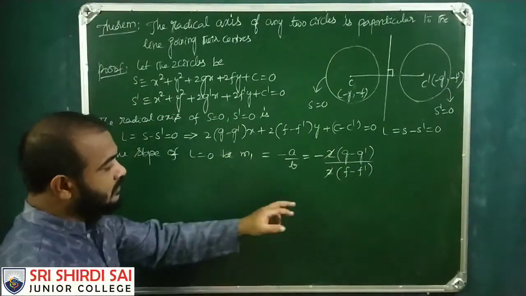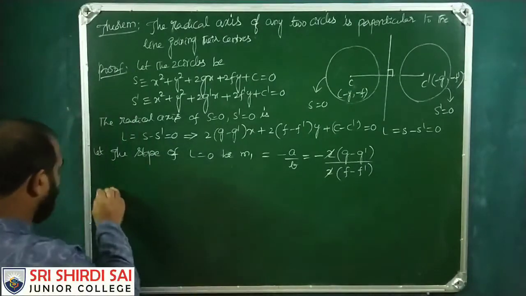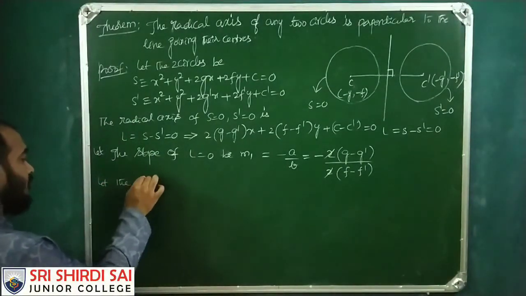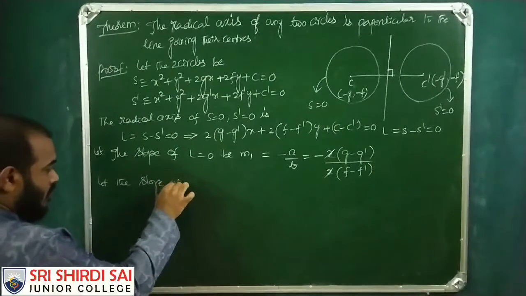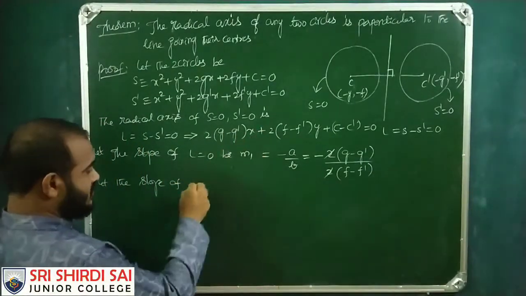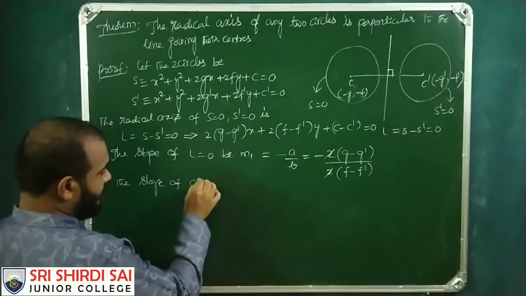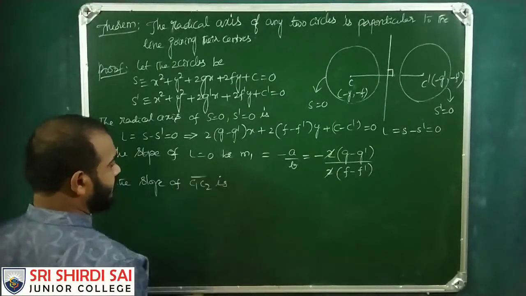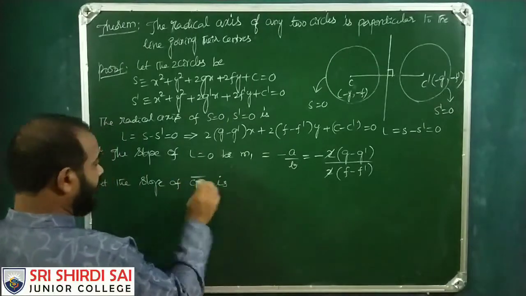So this is what we get. Let the slope of the line joining the centers C1 C2 be m2.